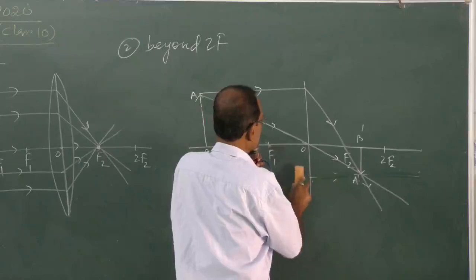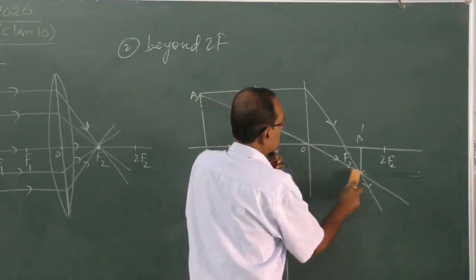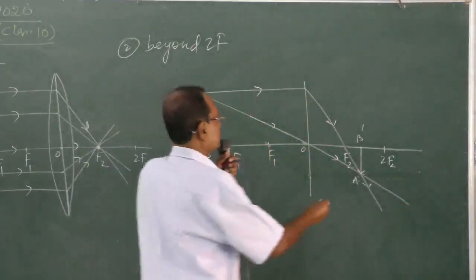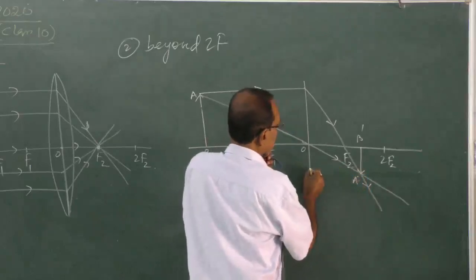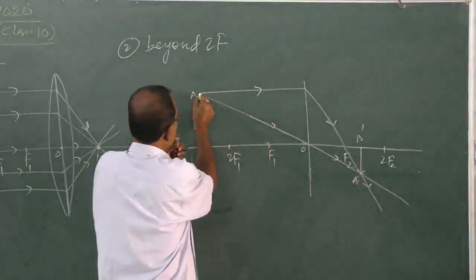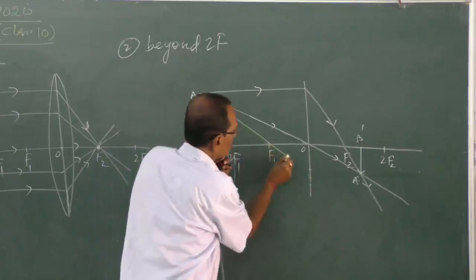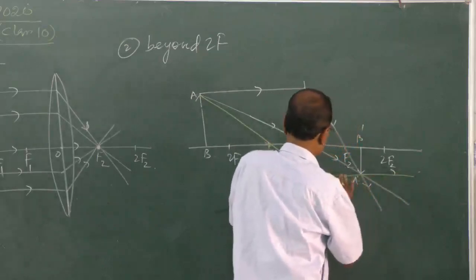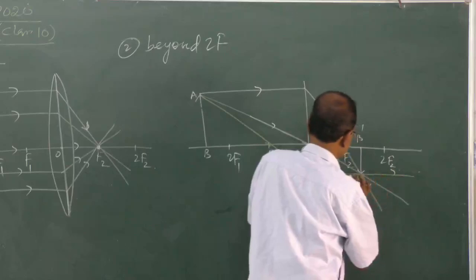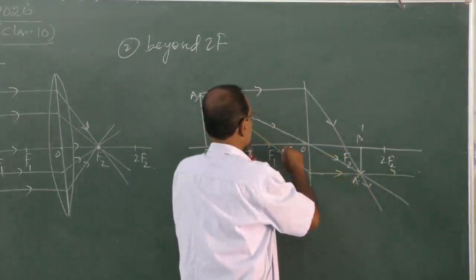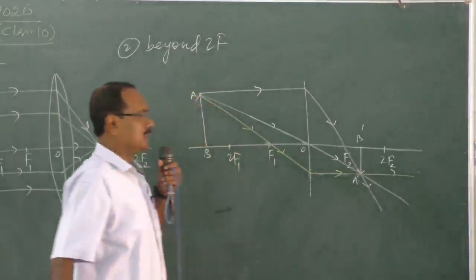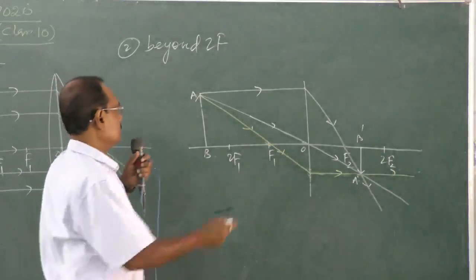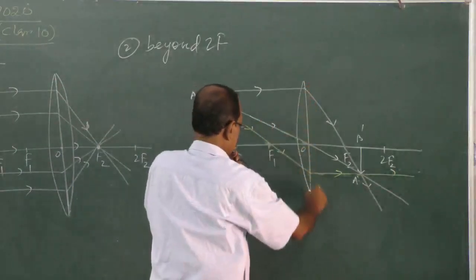If we use a ruler and pencil, then these rays will be clearer and more straight. This is the third ray. Then you can complete the lens.